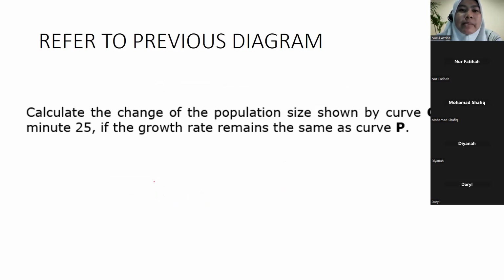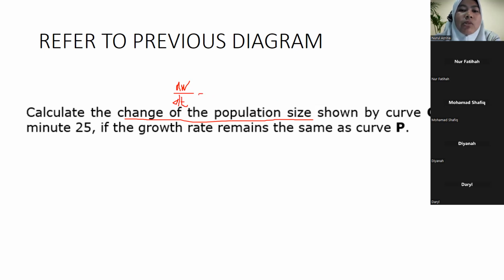Okay, still using the same diagram. Calculate the change of population size. Change of population size. Apa formula? Apa maksud change of population size? dN over dt. Yes, dN over dt.